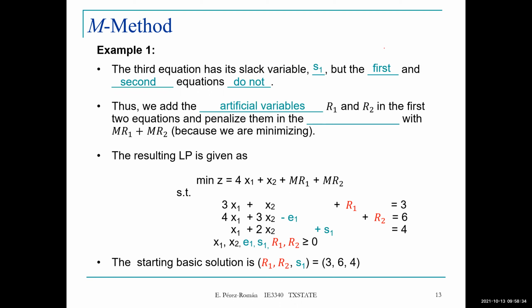So for example, here we have 4 and 1, so M could be 100. 100 will be sufficiently large when compared to 4 and 1. But if this was like 400 and this was 100, then M has to be 10,000 or 150,000, something where the difference is big enough, so your penalization is going to work.